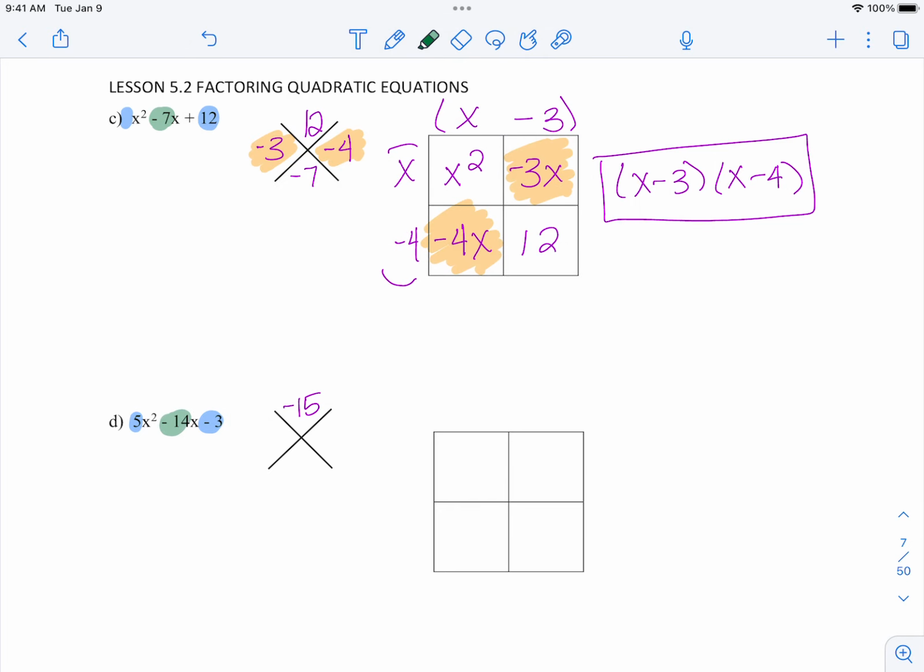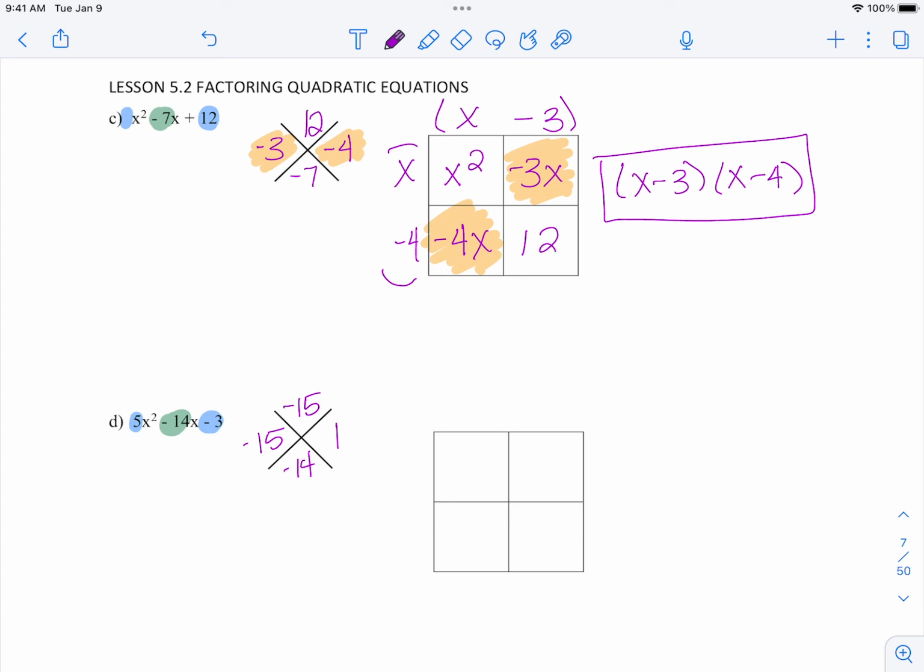We're going to place our b, so we have negative 14. So numbers that multiply to negative 15 that add up to negative 14. I want you to figure these out. Okay, so we have negative 15 and 1.